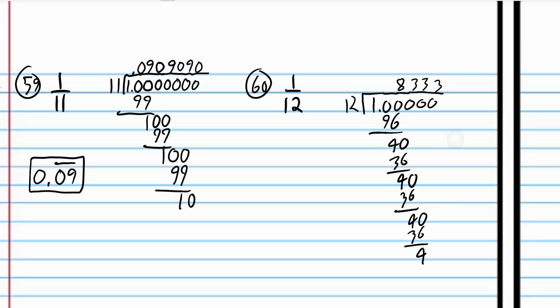As you can see, it's just bring the decimal straight up, and you have nothing here, so you have to put a 0 for a placeholder. And our final answer is 0.08, and the 3 is barred.